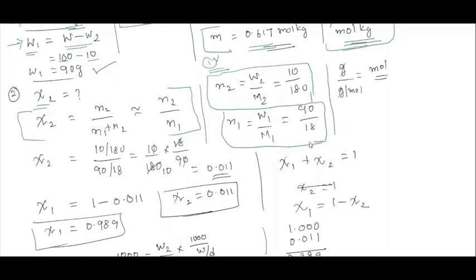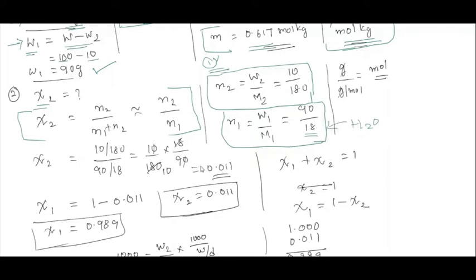So N1 is nothing but W1 divided by M1. W1 is 90 gram because it is the balance amount of water, divided by M, the molar mass of the solvent. Here water is 18.